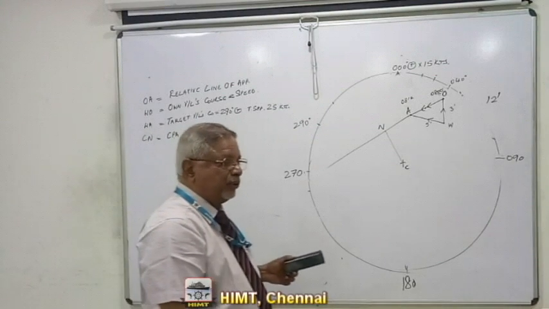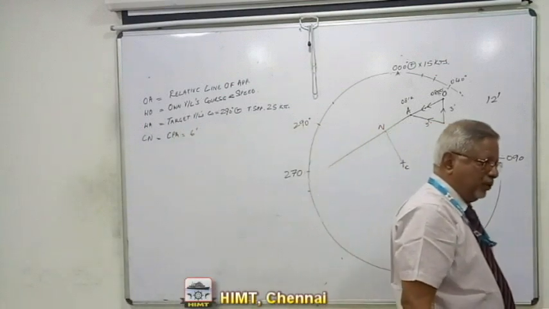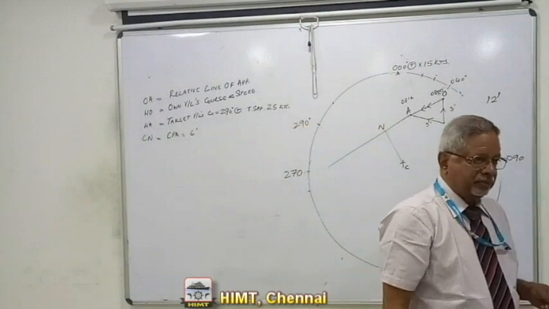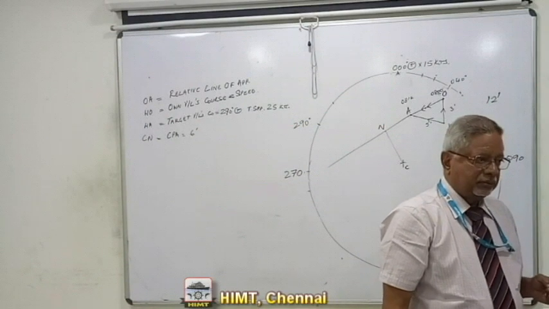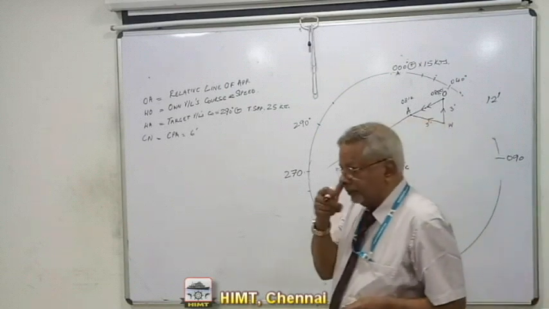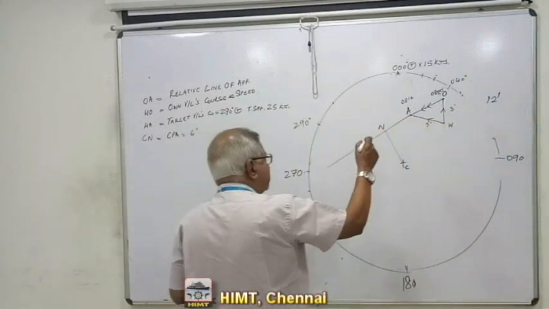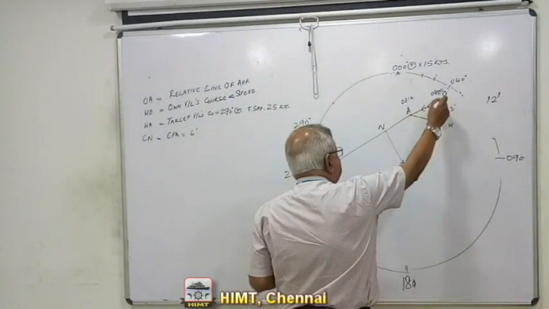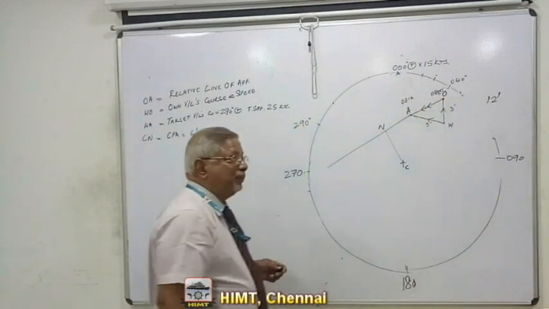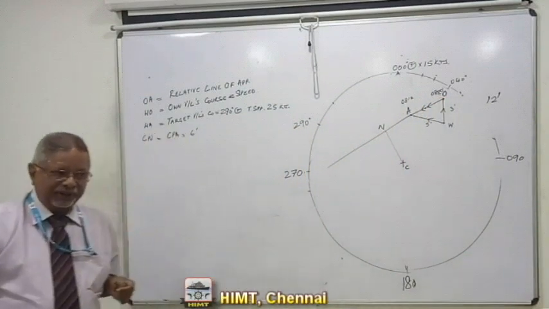The next step is to find out your TCPA. How will you find out the TCPA? The distance from A to N. The target has traveled from O to A in 12 minutes.